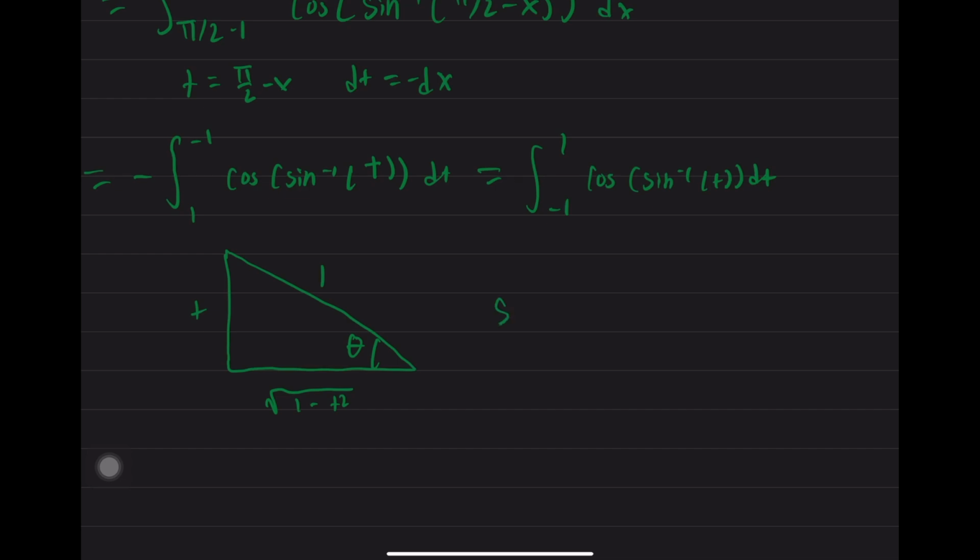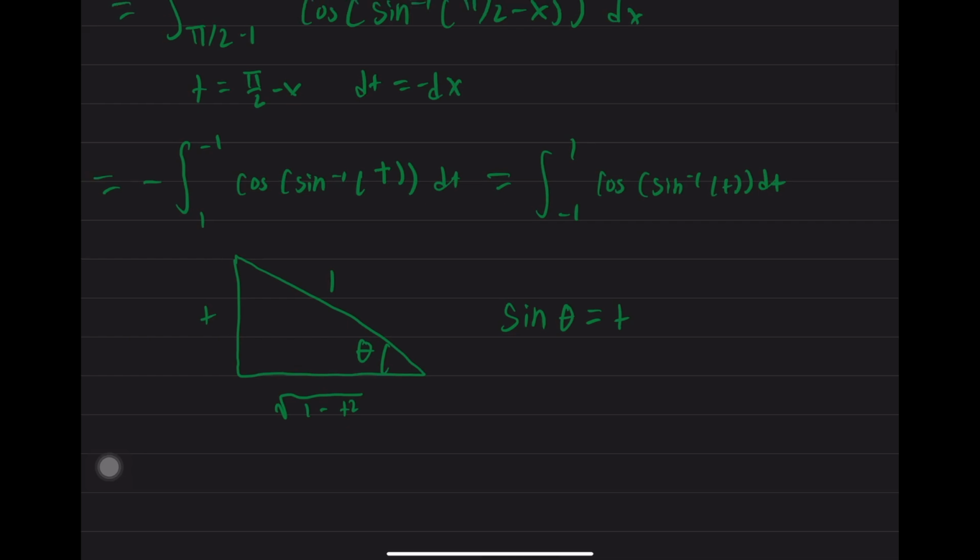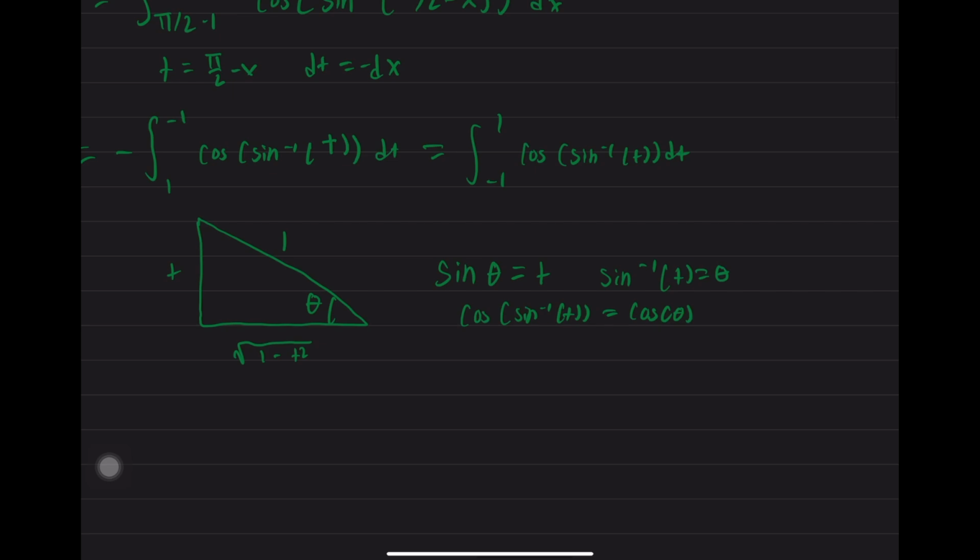We know that sine of theta is equal to t, so sine inverse of t is equal to theta. We want to find the cosine of sine inverse of t, and this is the same as cosine of theta. What's cosine of theta? That is the adjacent over the hypotenuse, so this is the same as the square root of 1 minus t squared.